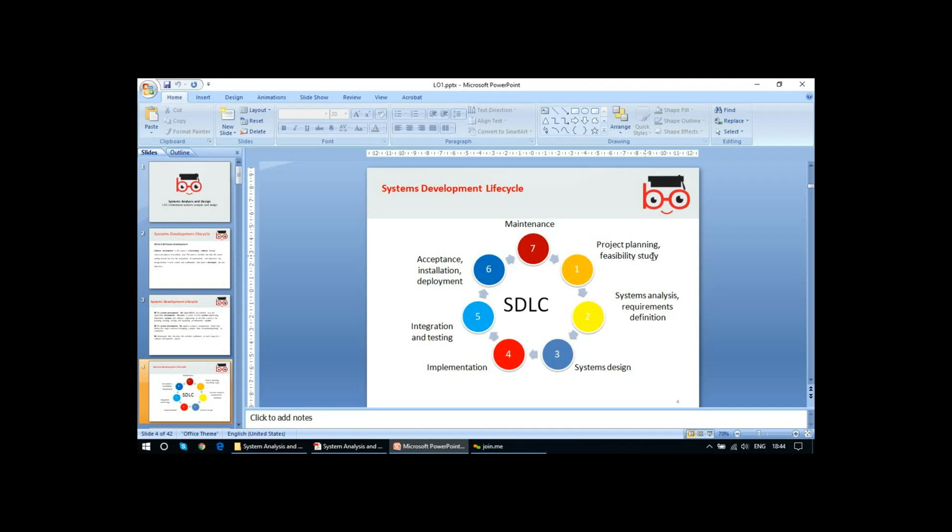Planning also includes the feasibility study, whether the plan you have is feasible or not. Then you analyze the system. You analyze the requirements as well. The system requirements are analyzed in a sense that they are fully defined into certain artifacts, certain artifacts like use cases.